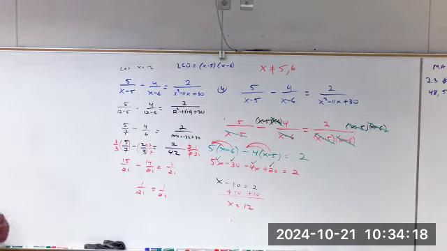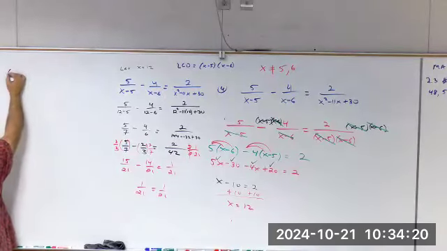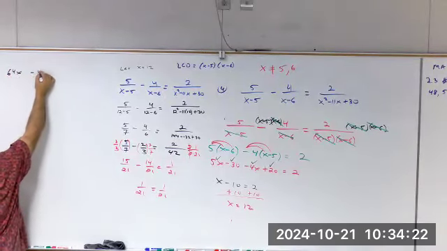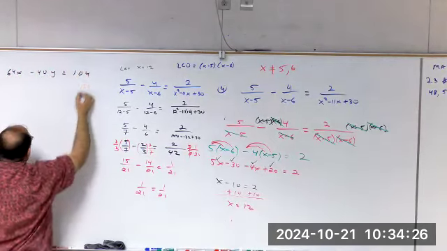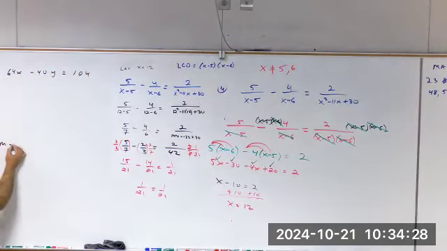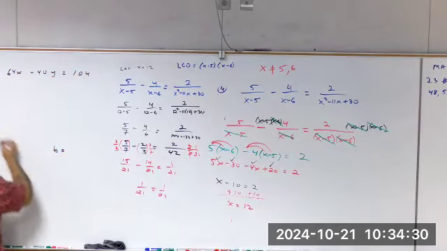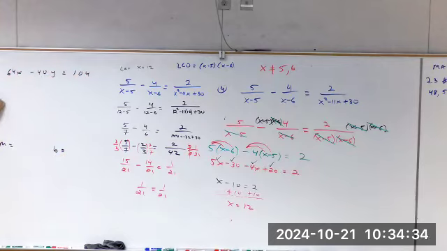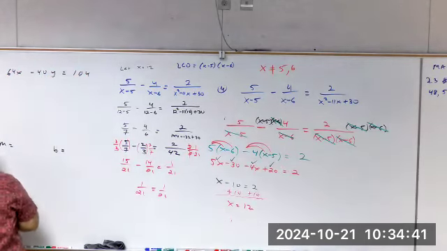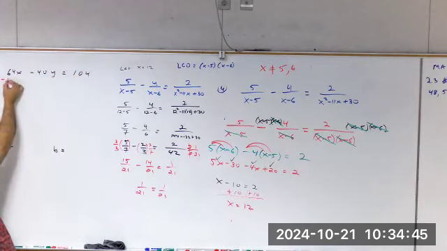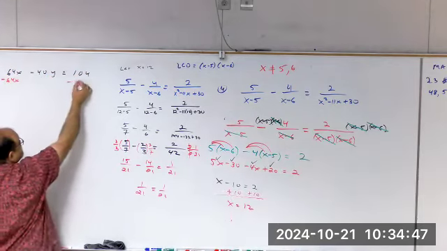If we want the slope and the y-intercept, basically b, y equals mx plus b, solve for y. So the first thing you have to do is get x on the other side. We want to get y by itself. So since that's a positive 64x, we subtract 64x from both sides.